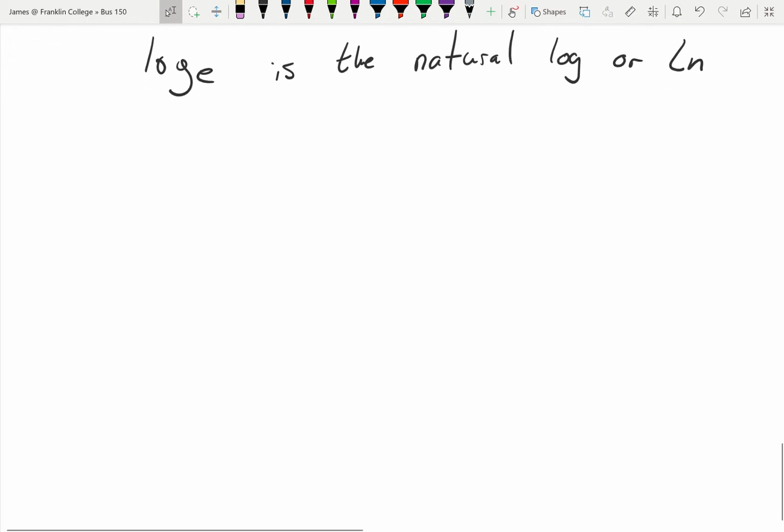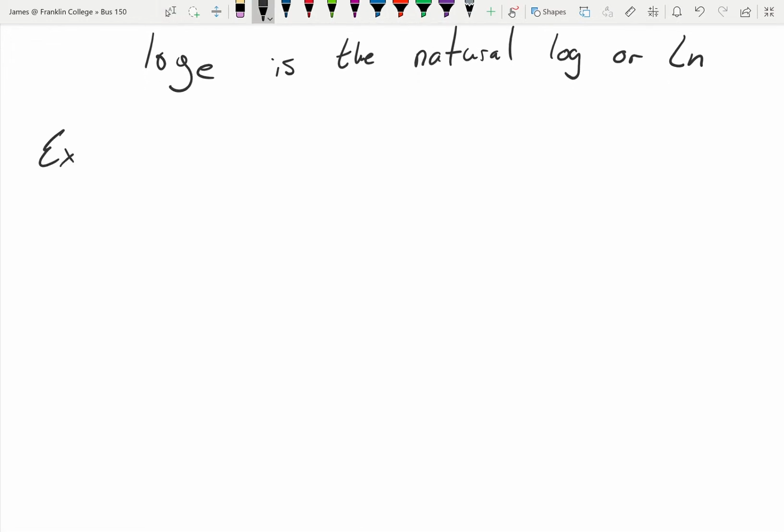So let's use natural log in an example. Let's do a money example that we've been talking about.